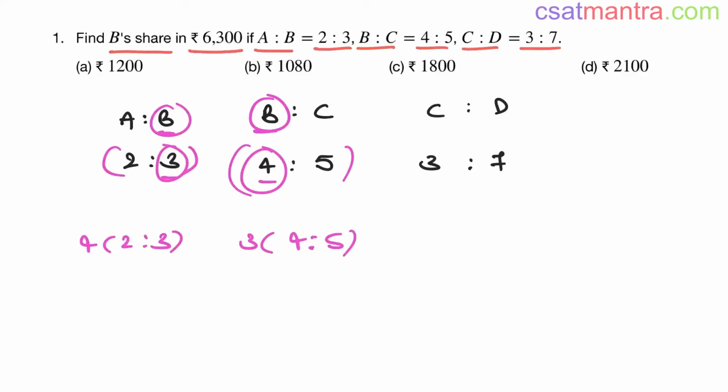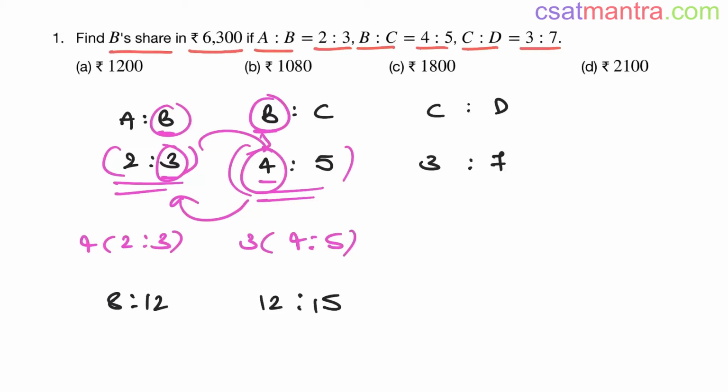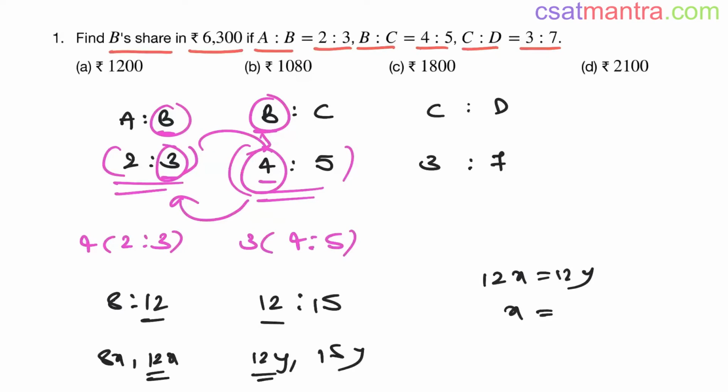That's it. Now see, 8 is to 12, 12 is to 15. B is equal. See, 8x, 12x, 12y, 15y. B is equal in both the ratios, right? 12x, 12y, that means x is equal to y.